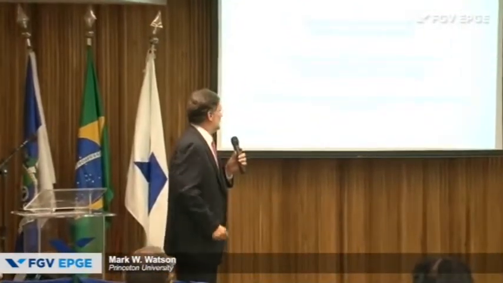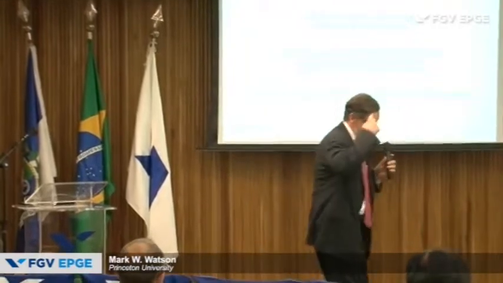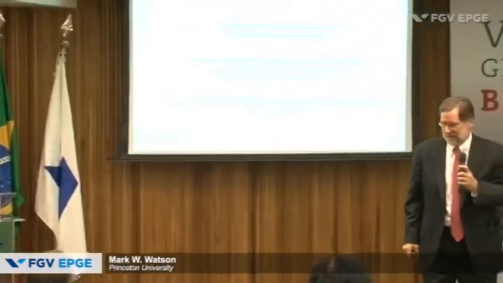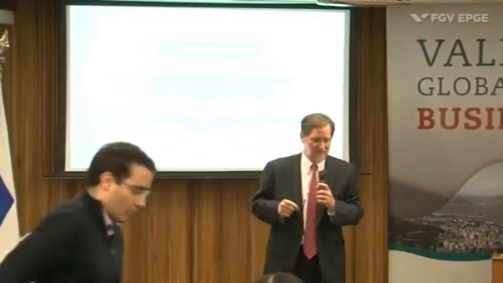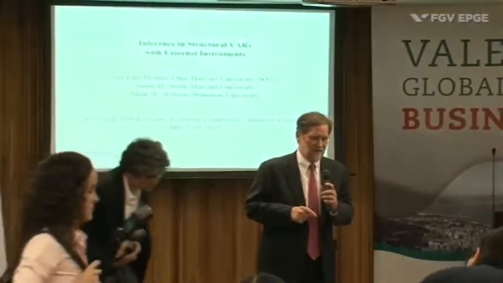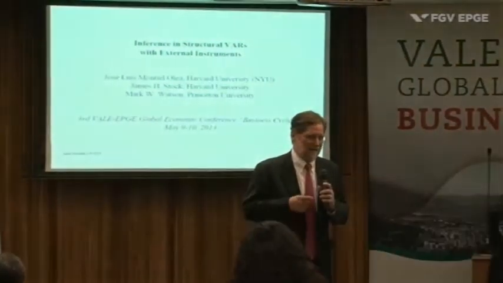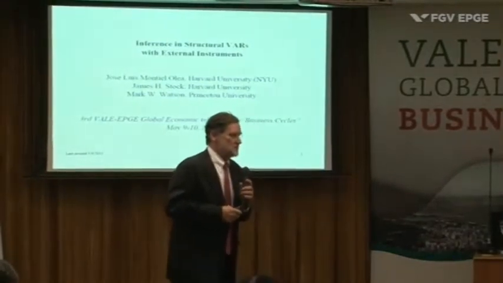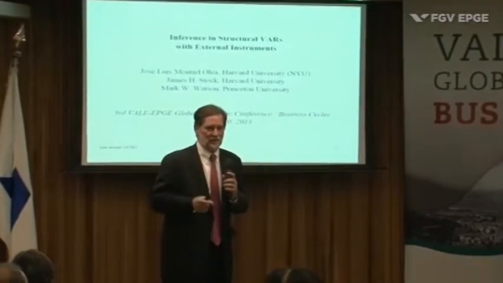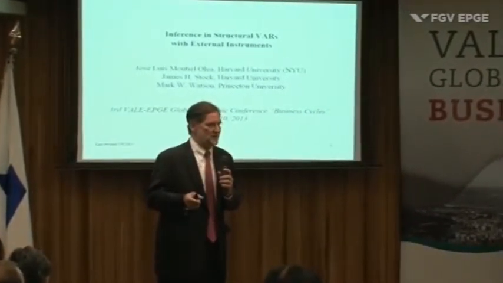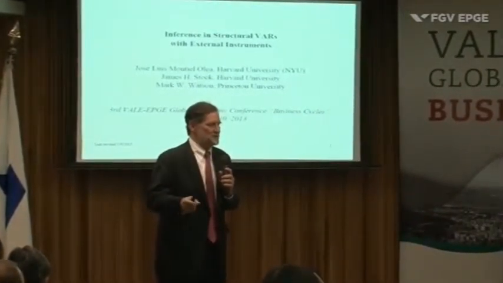So this conference is about business cycles, so I have to tell you what this has to do with business cycles. This has to do with vector autoregressions, like Chris Sims was talking about this morning, and vector autoregressions, as Chris told us this morning, tell us something about business cycles. So therefore, this tells you something about business cycles.